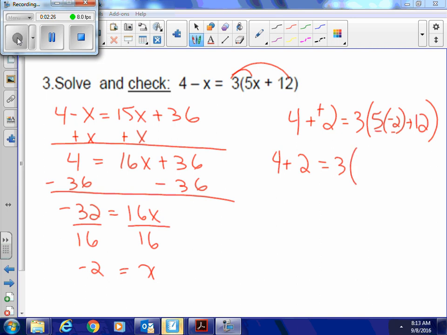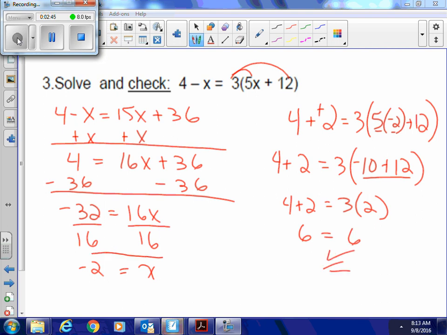Well, 5 times negative 2 is negative 10 plus 12. So we're still inside the parentheses here, and we get a 2. So 4 plus 2, does that equal 3 times 2? And we get 6 in both cases, and this proves that our answer is indeed negative 2.